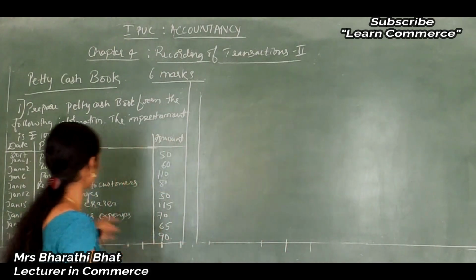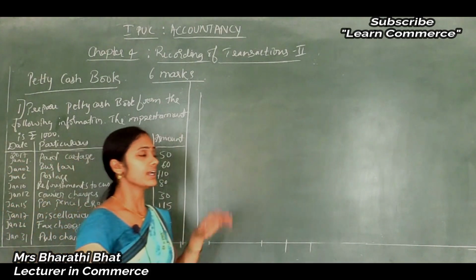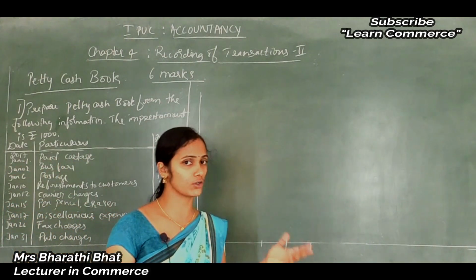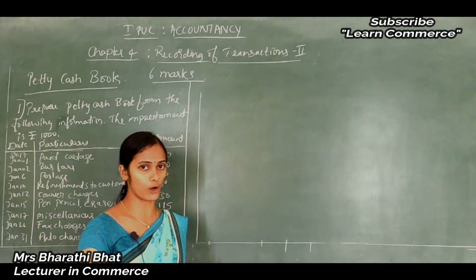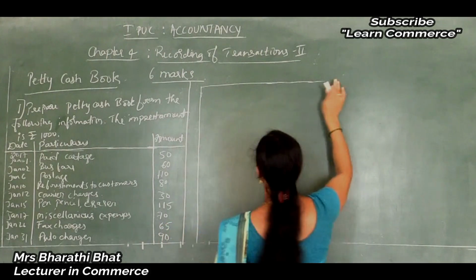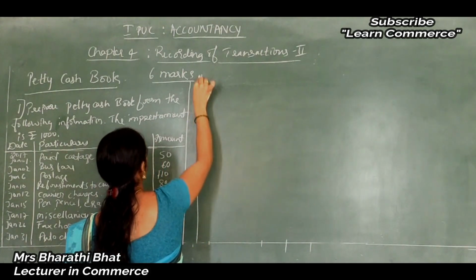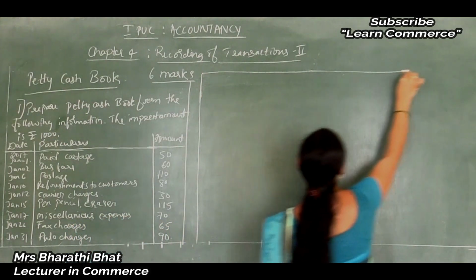If cartage and coolie is not there, no need to draw the column for it. If you draw the column for cartage and coolie, there is no problem, okay. But based on the transactions you can draw the lines, but the first columns are mandatory.